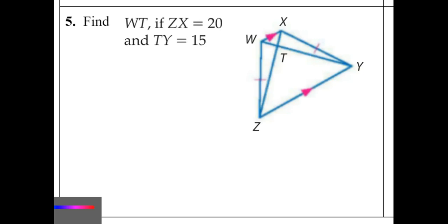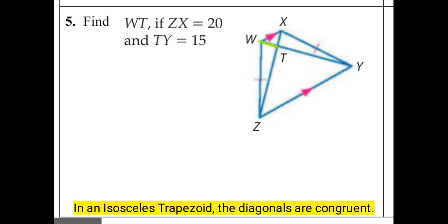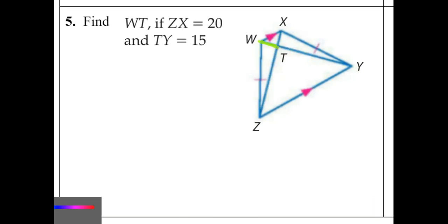So here I am on number 5, and this question is asking us to find WT. Now WT is this little piece right here. So remember, in an isosceles trapezoid, diagonals are congruent. Now, how have I determined that this is an isosceles trapezoid?